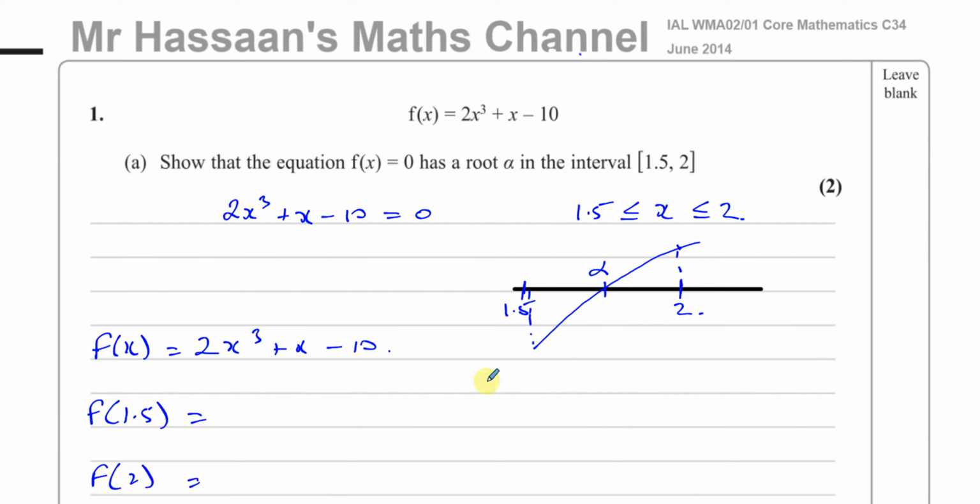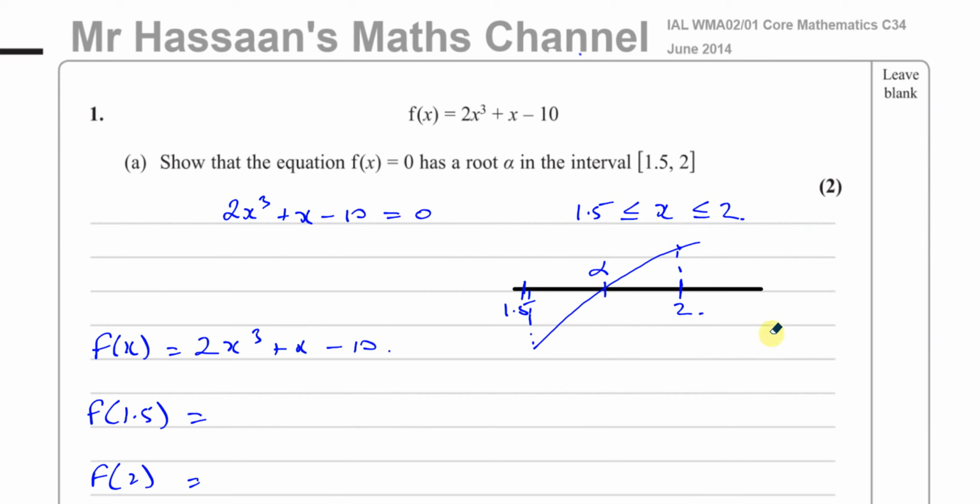That's true for continuous functions, which this is. Sometimes you might have an asymptote that exists between these values. There's going to be a change in sign when I put these two values in, but there's no root because it's an asymptote. But this is a continuous function. It doesn't have asymptotes, so we don't have that problem.